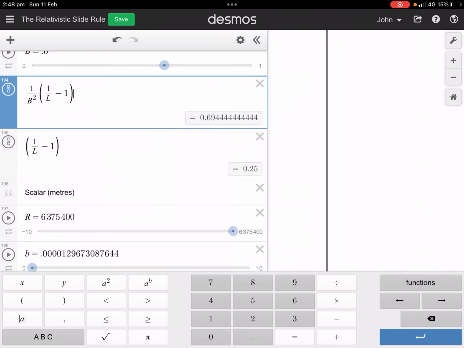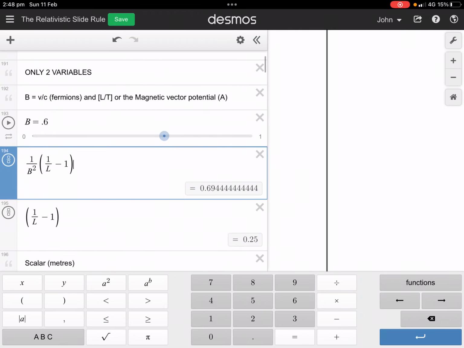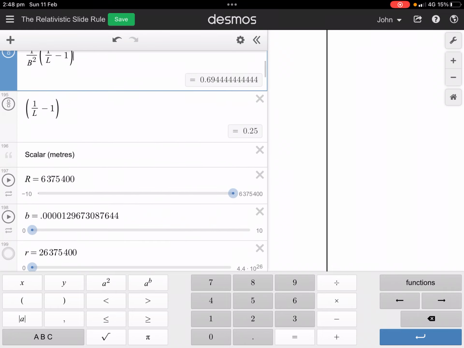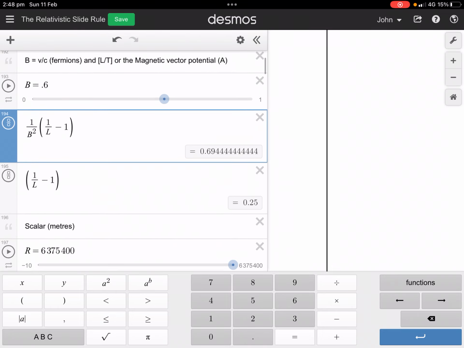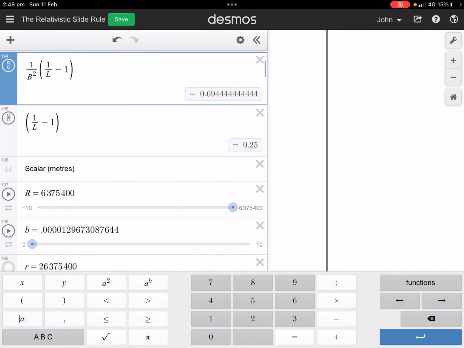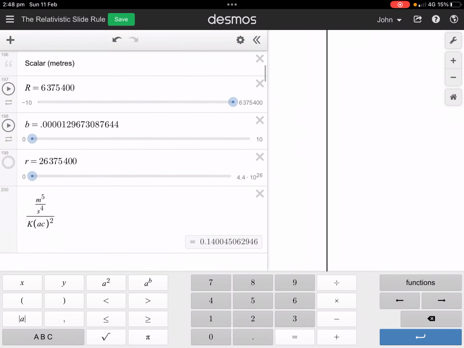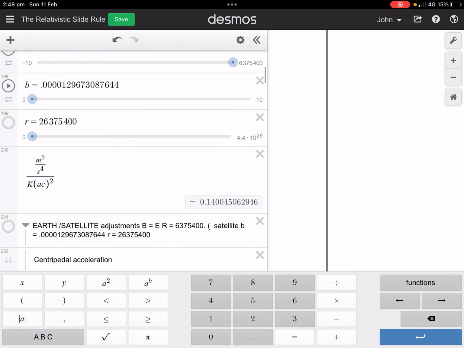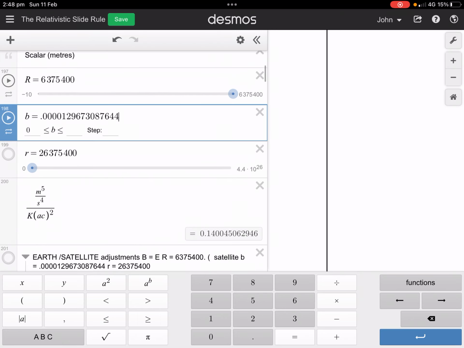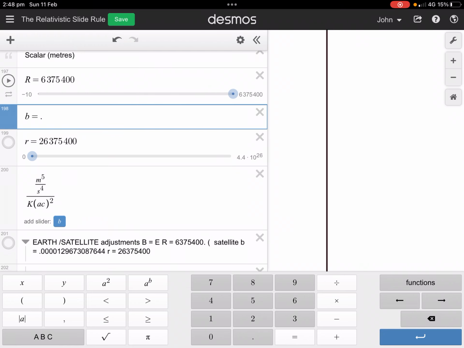And what do I need to change? Okay, I've got to create the mass of the electron, so I'm going to use little b to do that. I don't worry about capital R, it doesn't matter. Little b, I'm going to create the mass of the electron.